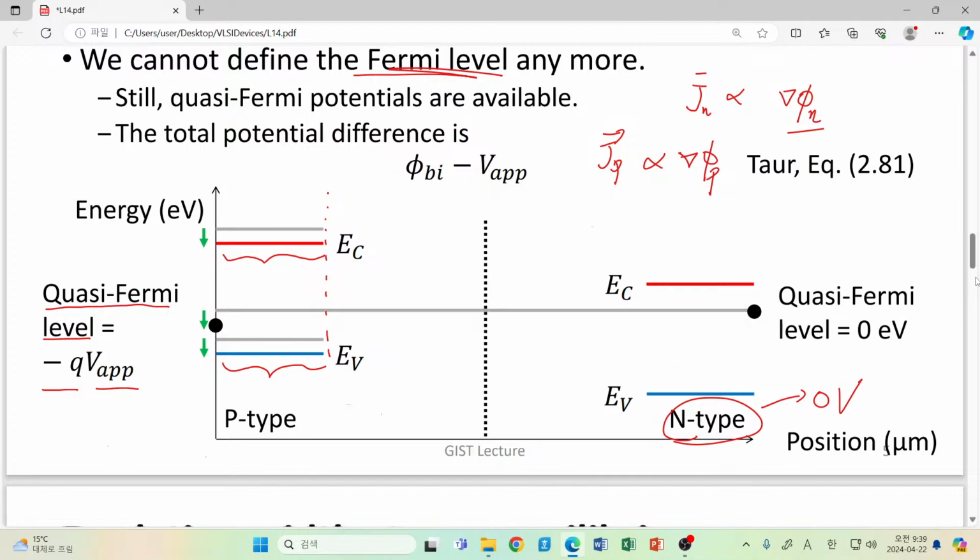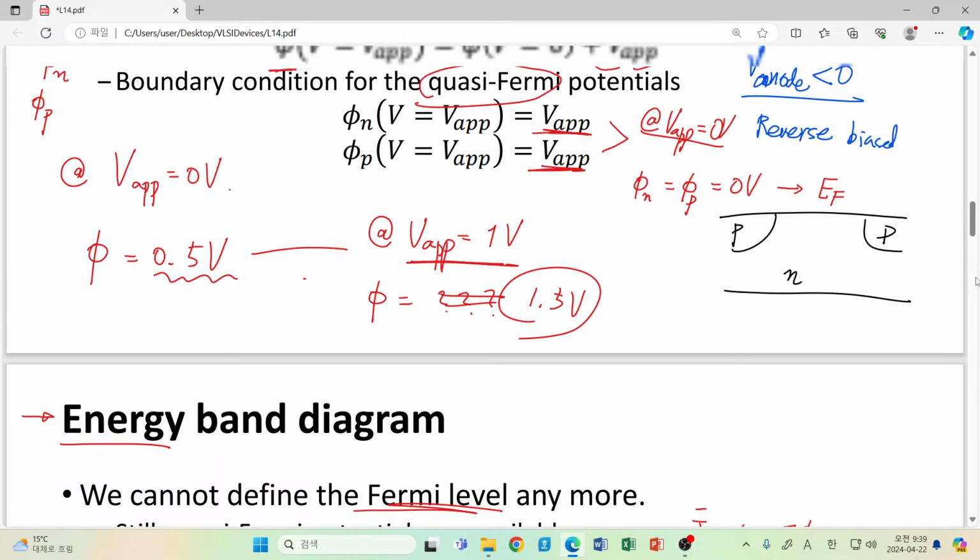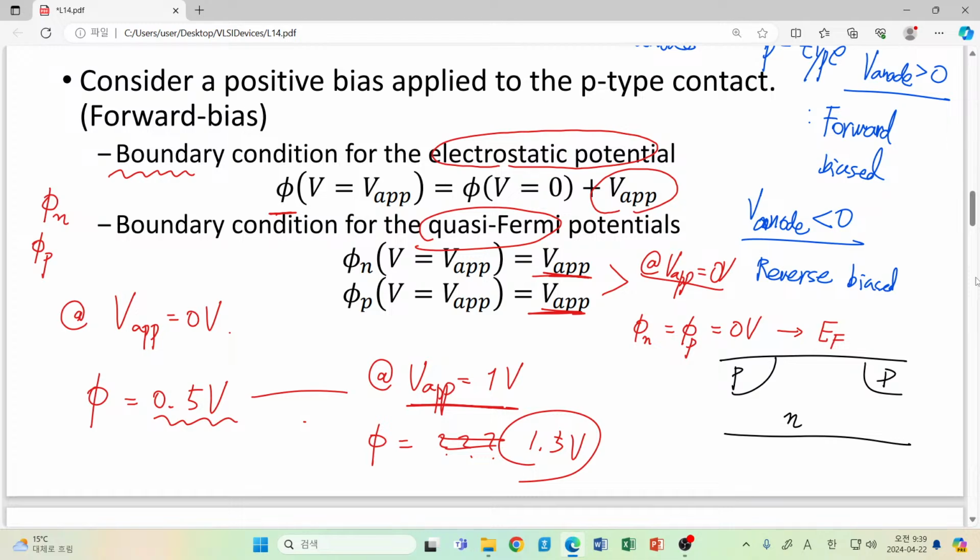But please note that I have drawn the quasi-Fermi level only at the contact. What we can say certainly at this stage is that at the contact, both the electron quasi-Fermi potential and the hole quasi-Fermi potential will follow the applied voltage.